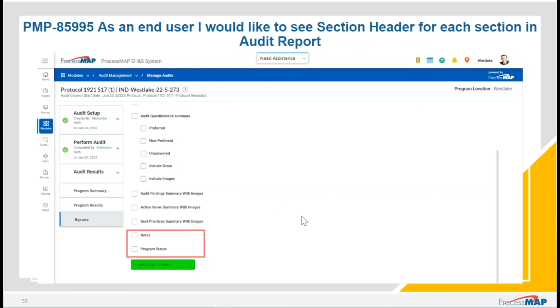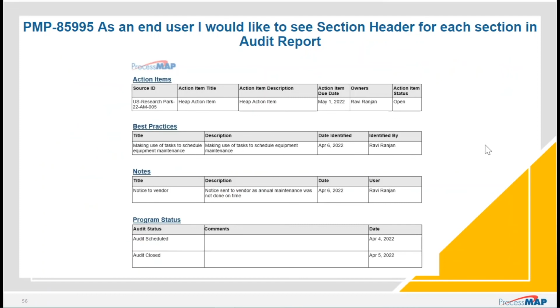With this new update, you'll now see the option to check the box for notes as well as program status to export in this report. When you export this report, you'll now also notice clearly defined headers and a bit easier to read report.